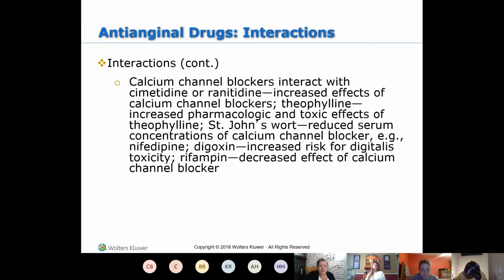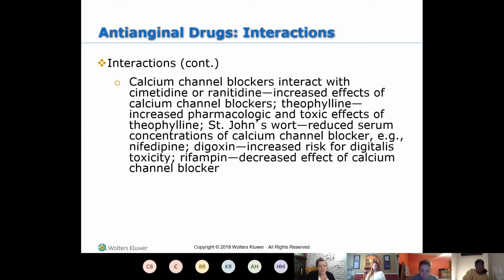It's not as common as it used to be, but that was a big herbal drug that was used for a long time as hypertensive treatment. A lot of patients would take that on the side, and they wouldn't necessarily tell their physician that they were taking it, and it kind of canceled out their calcium channel blockers. So we need to know if a patient is on St. John's wort, okay?